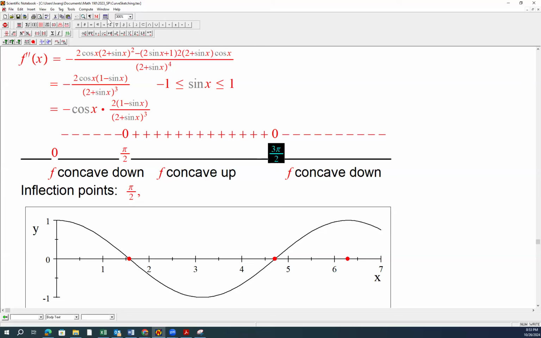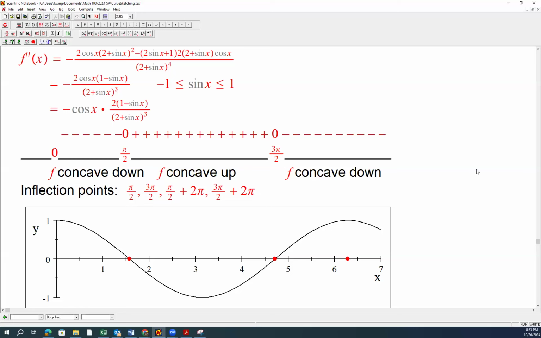And of course, we know this pattern will continue. So 2 pi plus another 2 pi will get another concavity point. If we keep adding 2 pi, we get more.